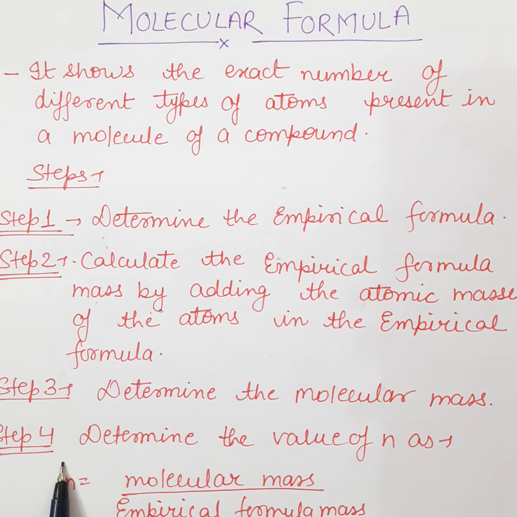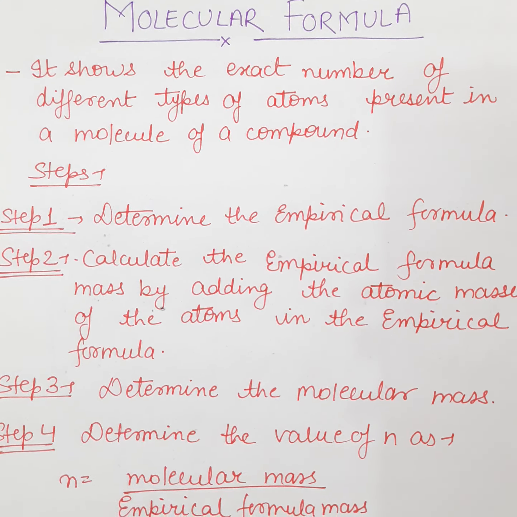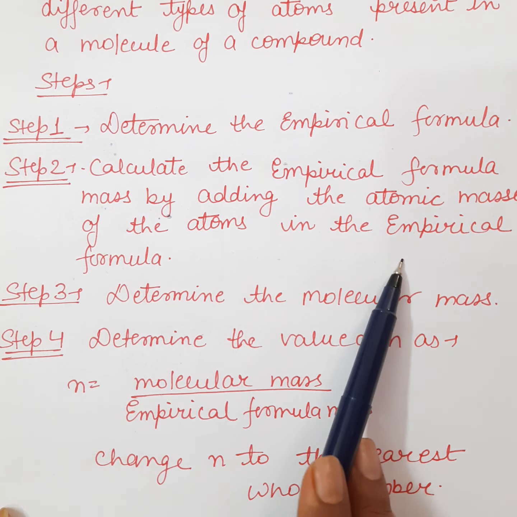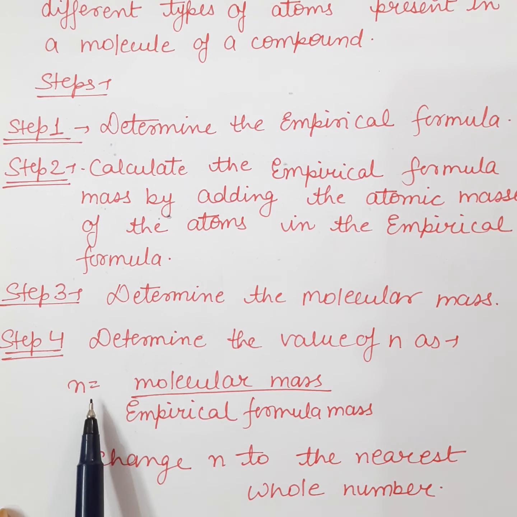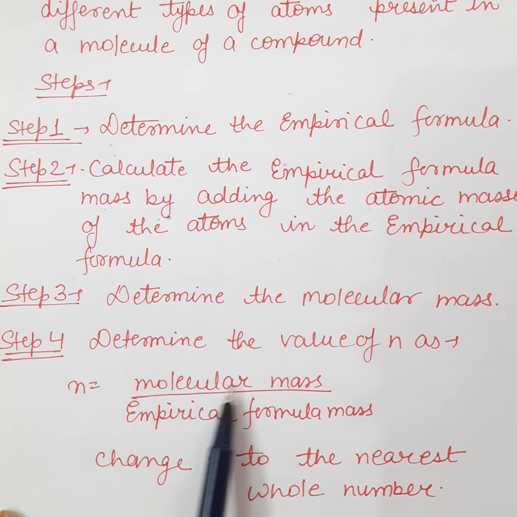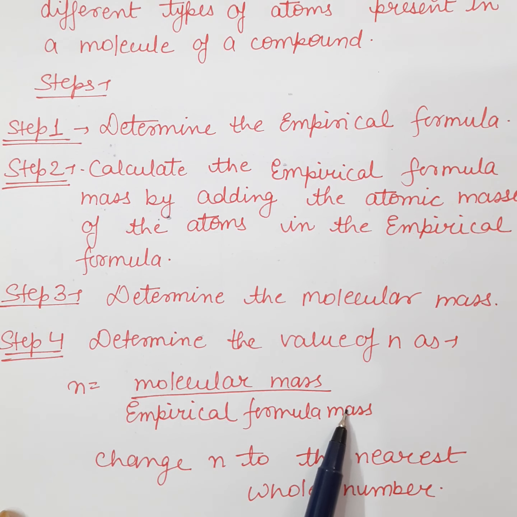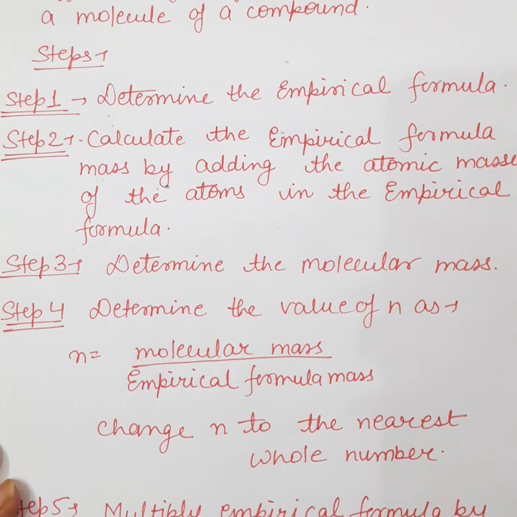Step number 4, determine the value of n by the formula, because once you have the molecular mass and empirical formula mass, you can determine the value of n easily. So the value of n is equal to molecular mass divided by empirical formula mass. Now change n to the nearest whole number.